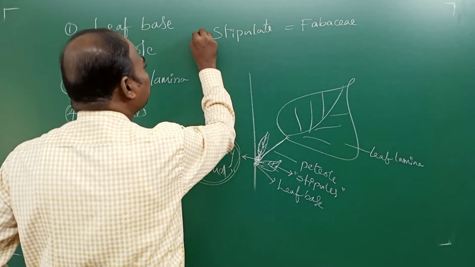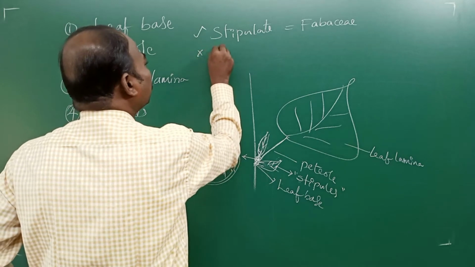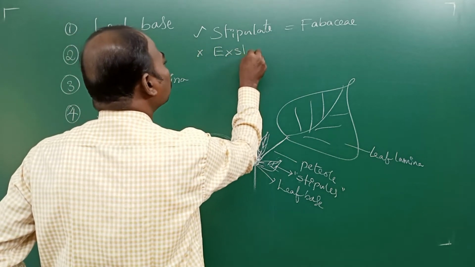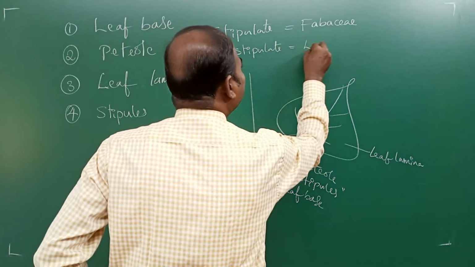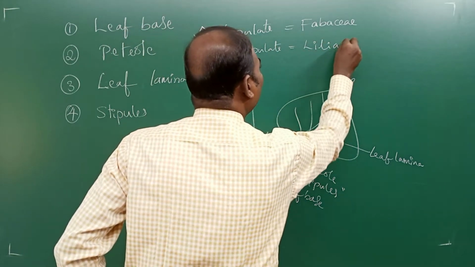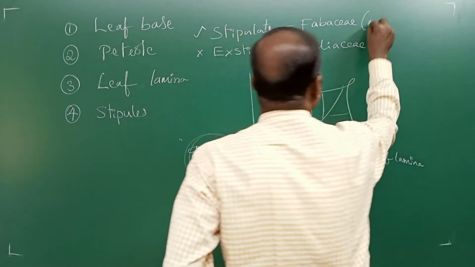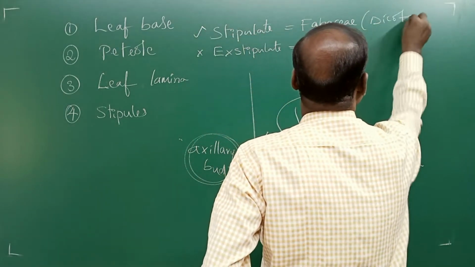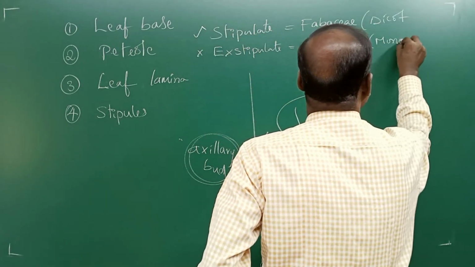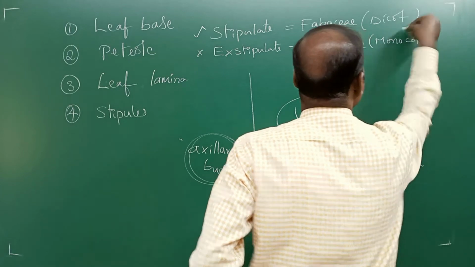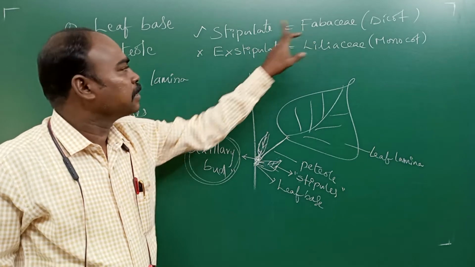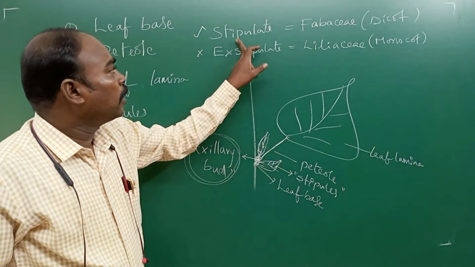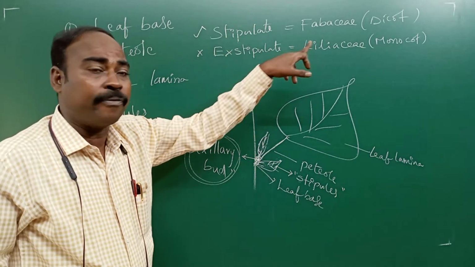Whenever the stipule is absent, it is an exstipulate leaf, for example Liliaceae, a monocot plant. So generally in dicot plants such as Fabaceae members, stipules are found, hence it is called a stipulate leaf.